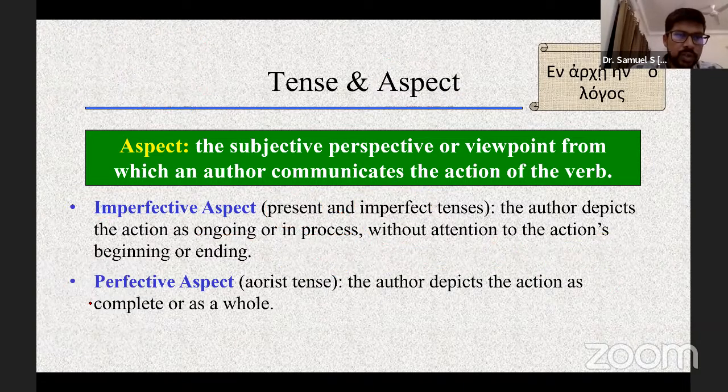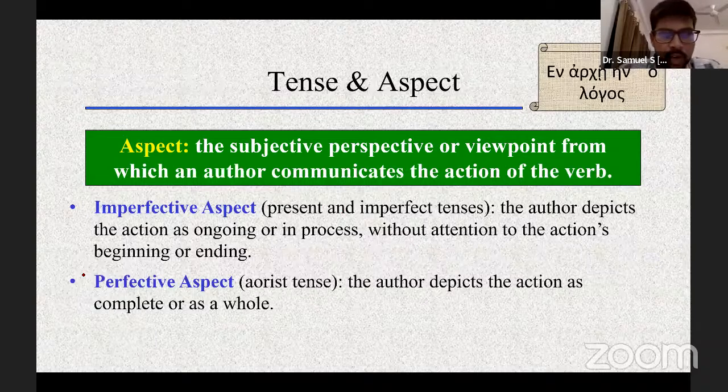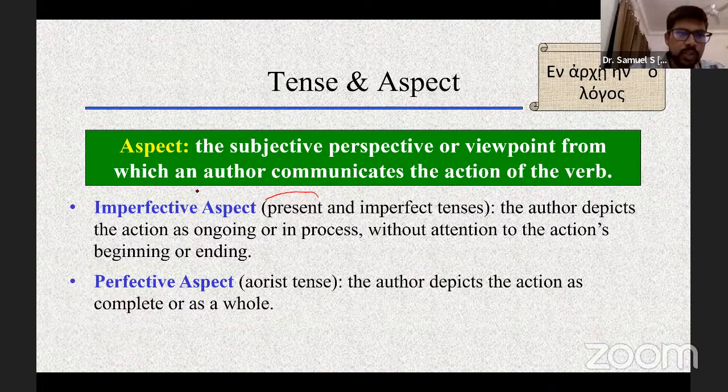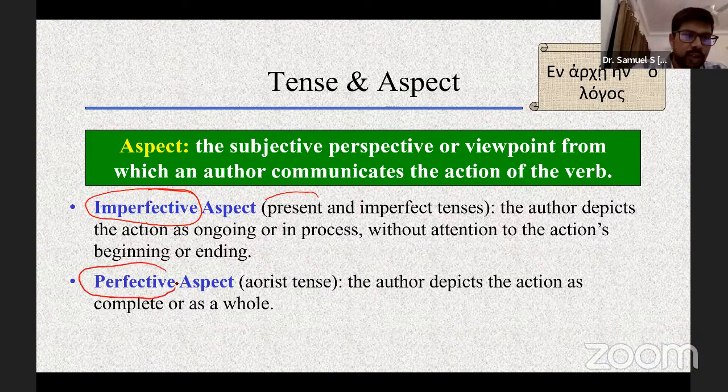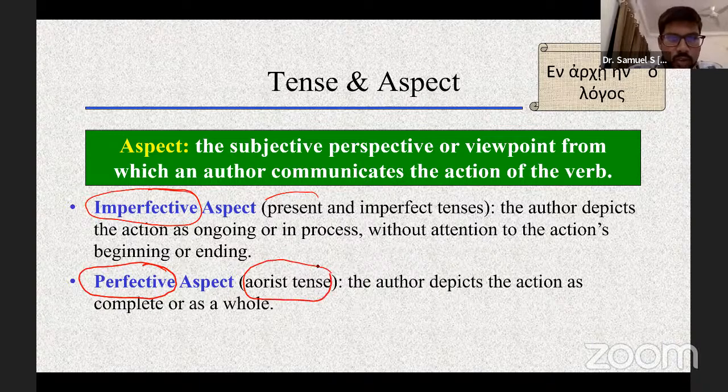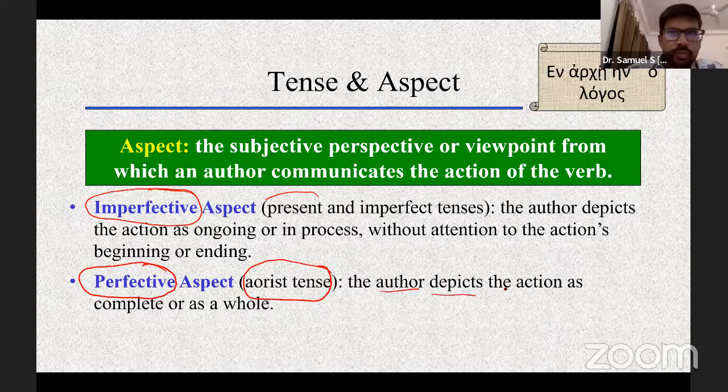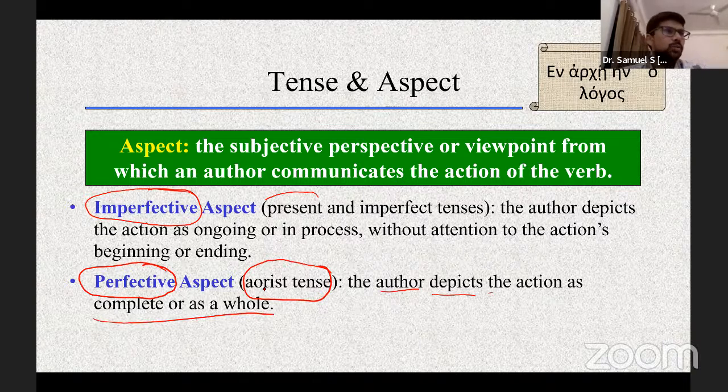So the first aspect is imperfective aspect. The second aspect is perfective aspect. Only one tense form communicates that, which is the aorist tense form out of the six, where the author depicts the action as complete or as a whole.